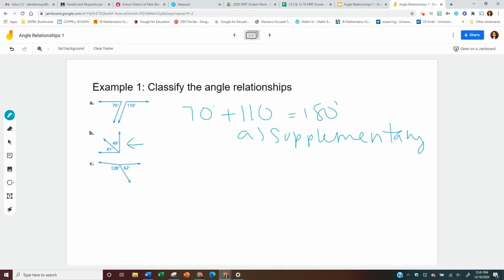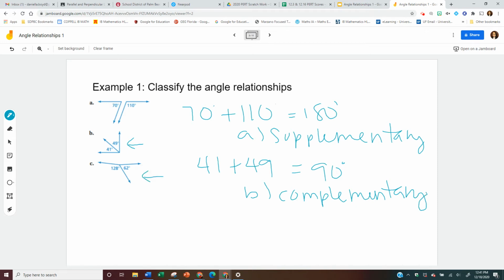For B I have 41 plus 49, and this is actually equal to 90 degrees. So these in B are complementary. In C, let's take a look at C. I have 128 plus 62.